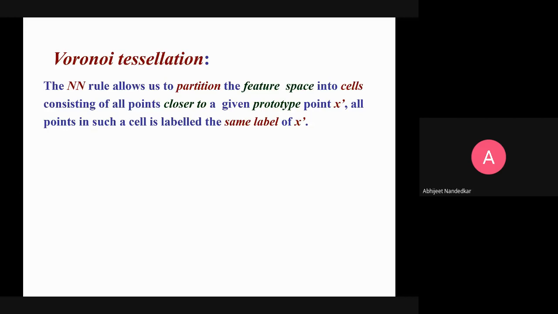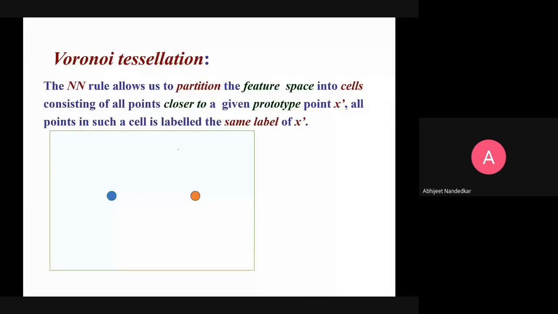This kind of diagram that shows the partition due to prototypes is called Voronoi tessellation. For example, suppose this is our problem domain and this is a sample belonging to class 1 and this is a sample belonging to class 2.